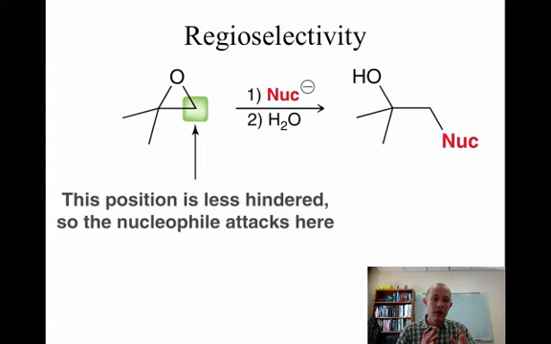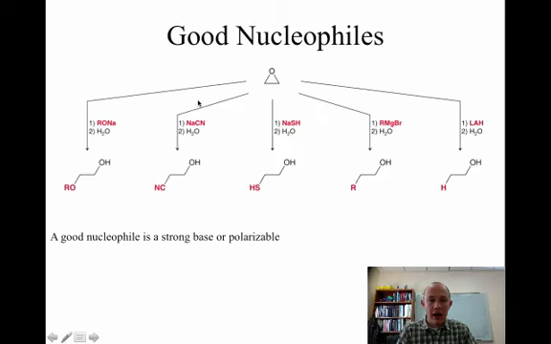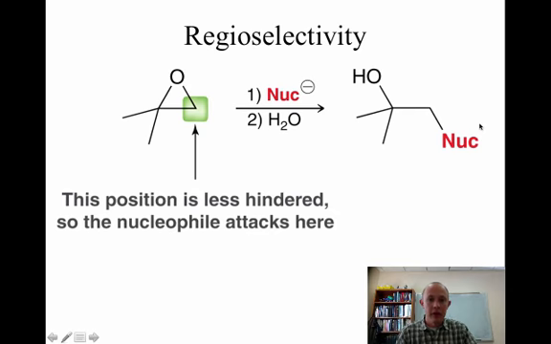Okay, what if we have a choice? What if we have different substitution on our epoxide, right? Here we have a tertiary carbon versus a primary carbon. Well, remember, if we're thinking about this as an SN2-like reaction, the nucleophile is going to prefer to go to the less hindered carbon. So whatever our nucleophile is, if we go back to the previous slide, right, each one of these nucleophiles is a strong, good nucleophile that's going to prefer the less hindered carbon, right?